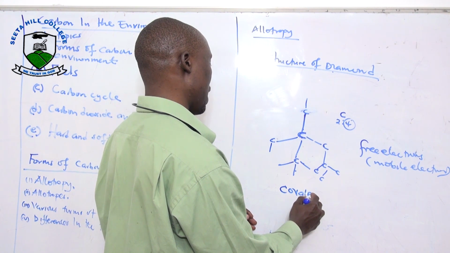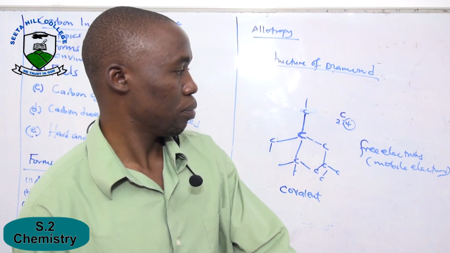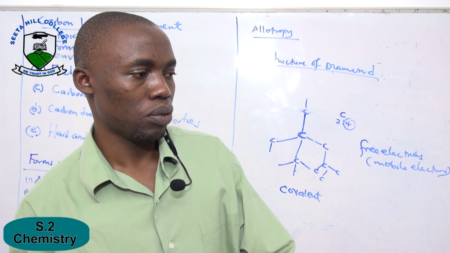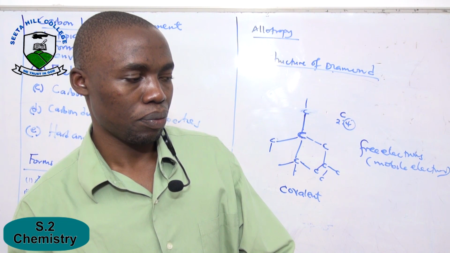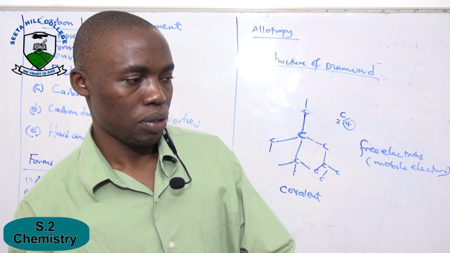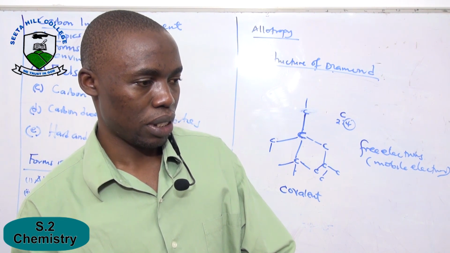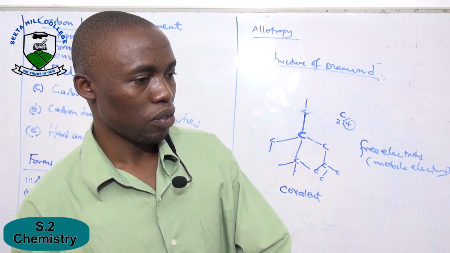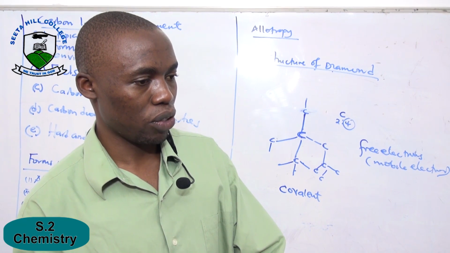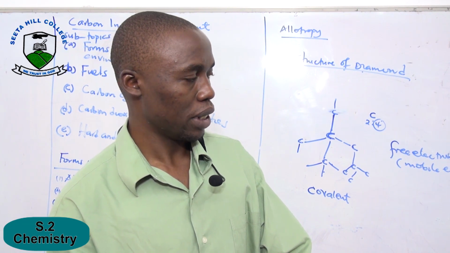That bond is called a covalent bond. Each carbon atom is covalently bonded to four other carbon atoms, forming a 3-dimensional structure of very many covalent bonds.